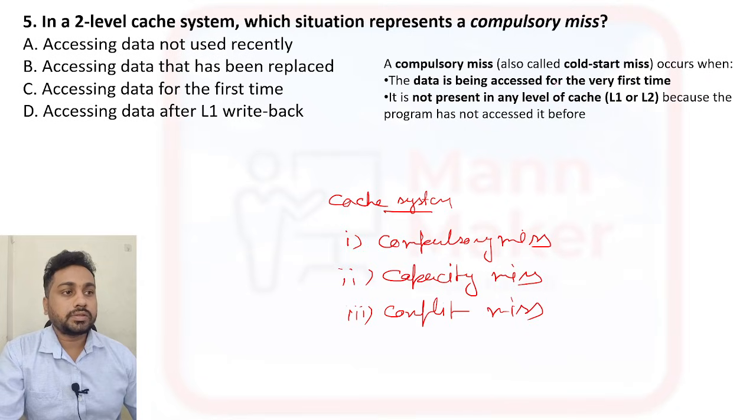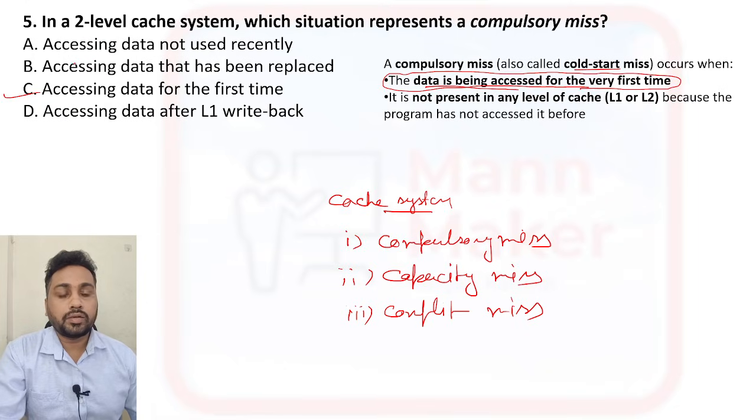Compulsory miss is also called a cold start miss, and it occurs when data is being accessed for the very first time. So you can see option C, accessing the data for the first time, is the answer.